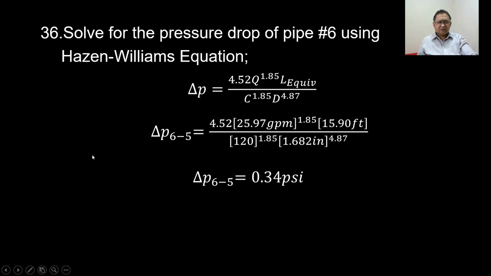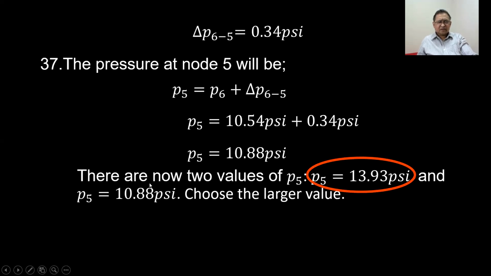And using the Hazen-Williams equation, we can solve for the pressure drop of pipe number 6 to be equal to 0.34 psi. So again, since we are going upstream, we add the pressure drop of 0.34 to the pressure at node 6, 10.54 plus 0.34, the result will be 10.88 for P sub 5.